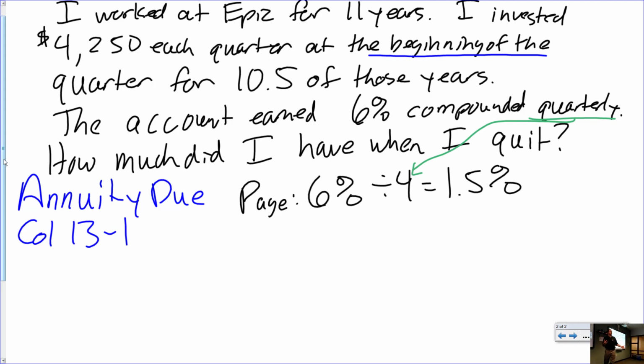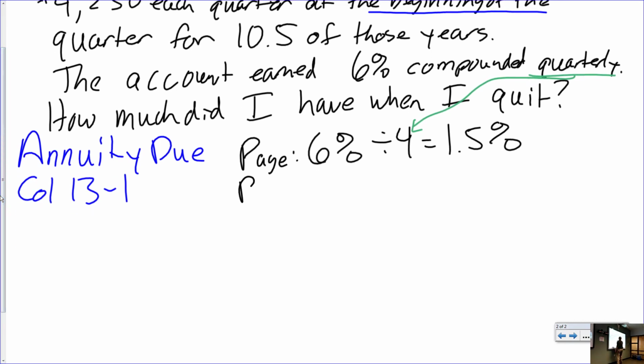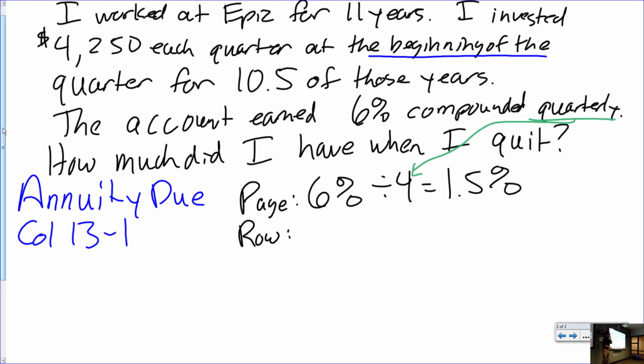Now, how many periods do we have in this one? Or what row am I going to go to? Why 43? Because 10.5 times 4 is 42, and then you add 1. 10 and a half years times 4 quarters per year, that's 42.